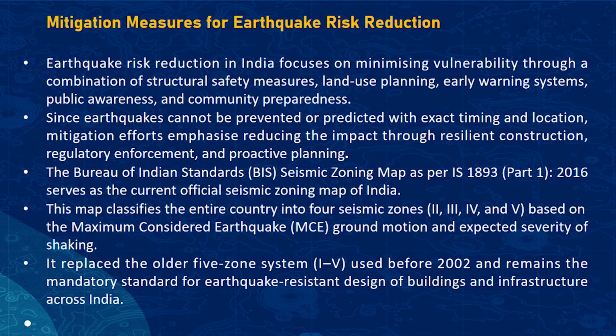This map classifies the entire country into four seismic zones, 2, 3, 4, and 5, based on the maximum considered earthquake, ground motion, and expected severity of shaking. It replaced the older five zone system, that is 1 to 5, used before 2002 and remains the mandatory standard for earthquake resistant design of buildings and infrastructure across India.